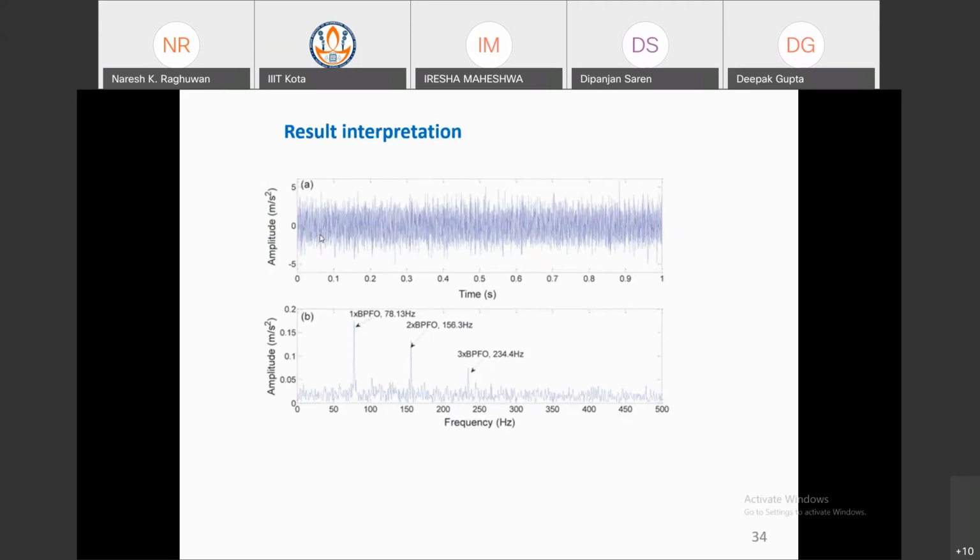So you can see whether the fault is in the outer race, the inner race, or the ball. So this is the basic concept: how you analyze the faulty bearing, and with the help of mesh frequency, how you analyze the fault in the gear.